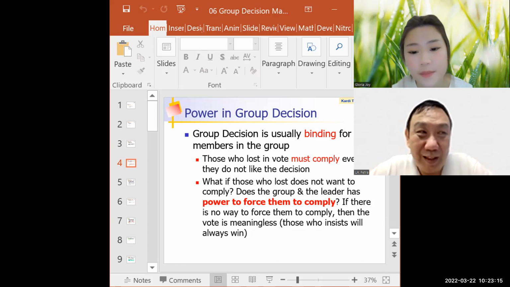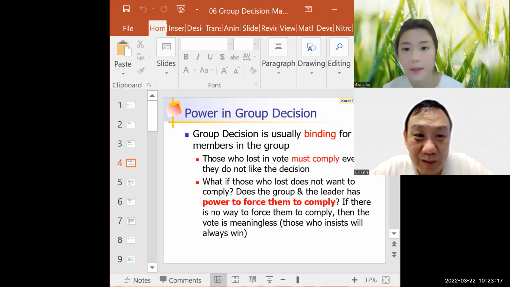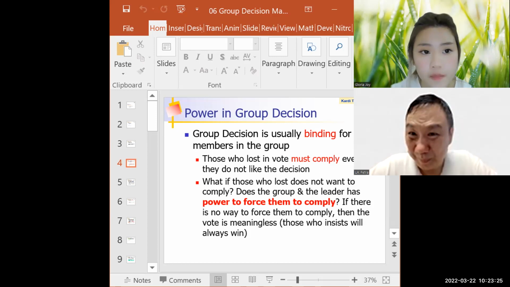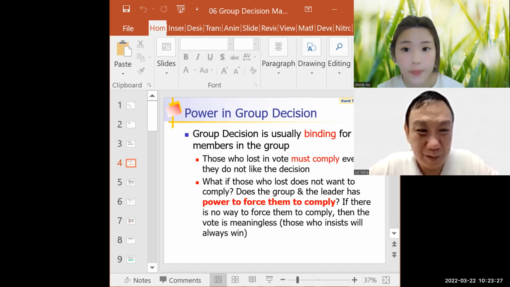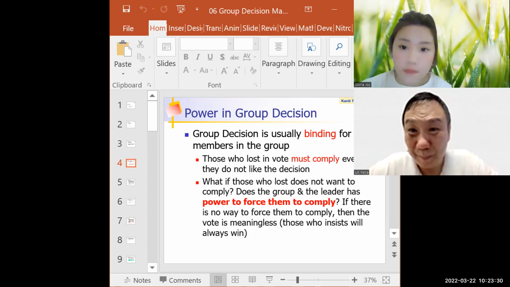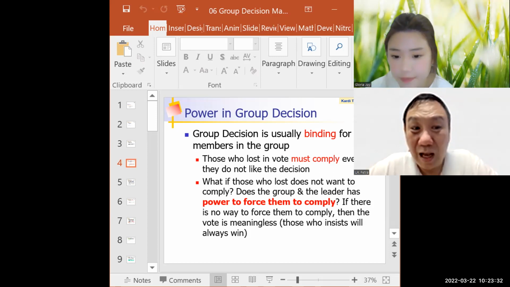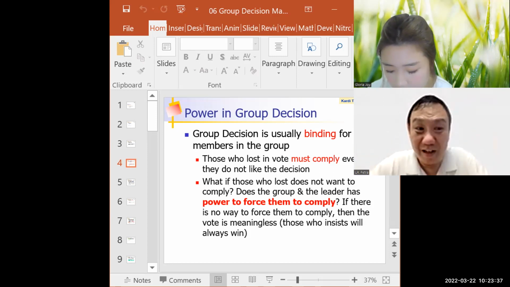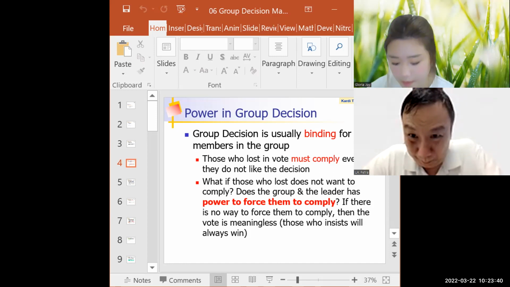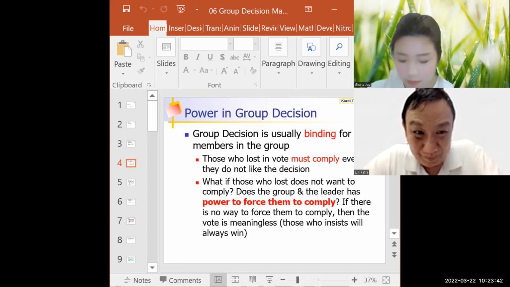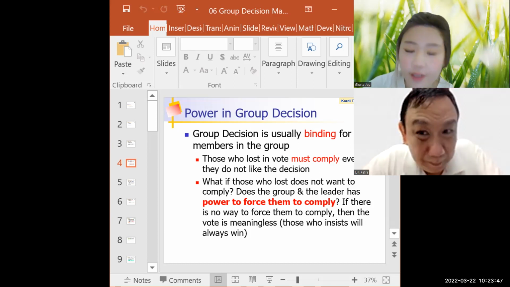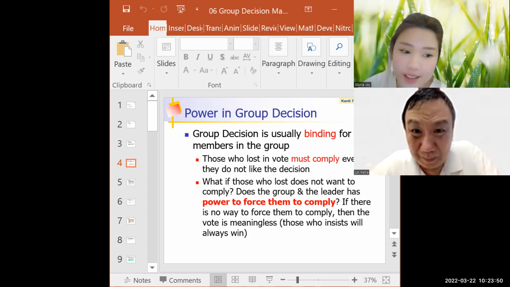So the one that lost must comply with the decision, that is what you said as consensus, right? But what if they get mad and don't want to comply? Like in the PPT, either force them by giving them consequences or something.